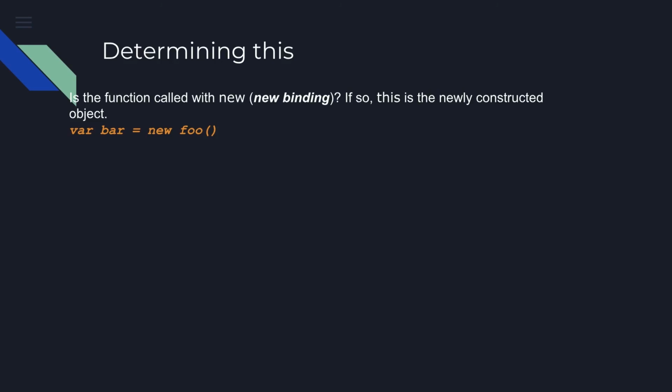Now to sum up our video, this is the thing. You need to understand what the call site of the function is in order to determine what this is inside the function. If the function is called with new binding, then the newly constructed object is this inside the foo function.